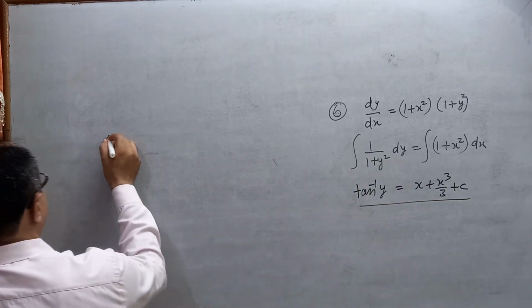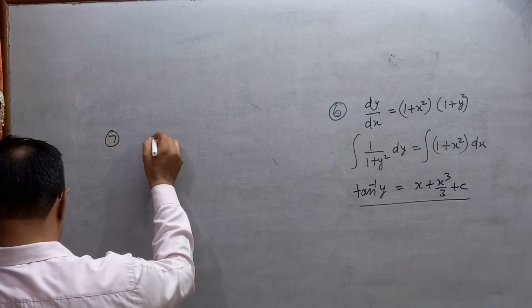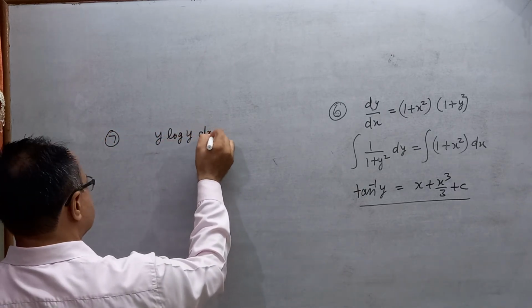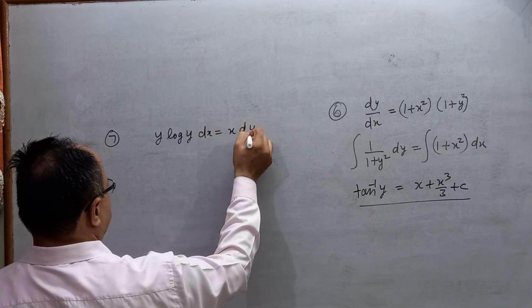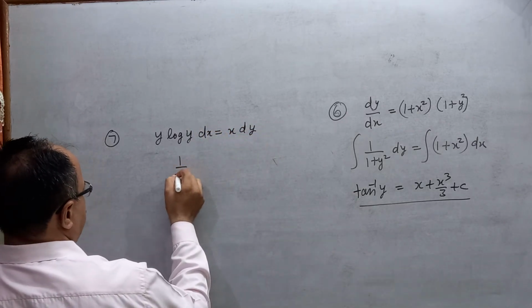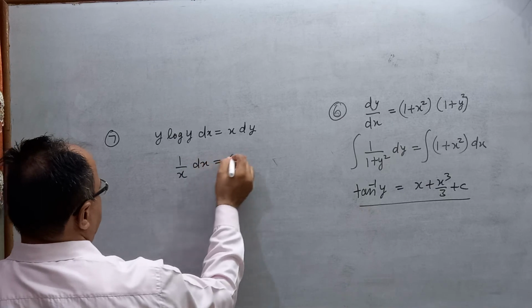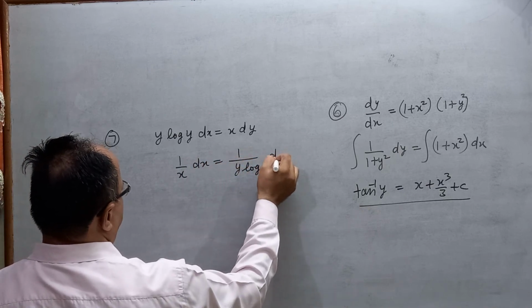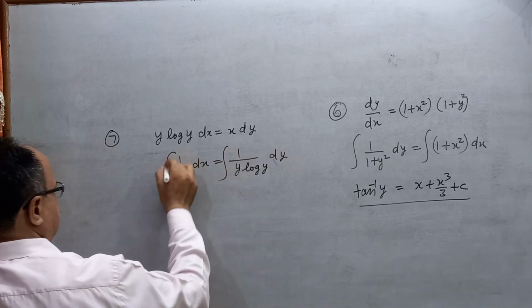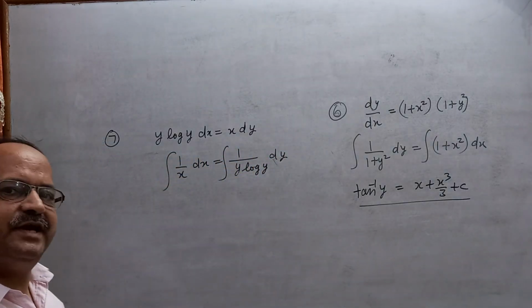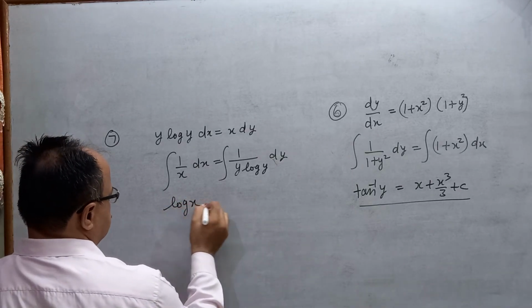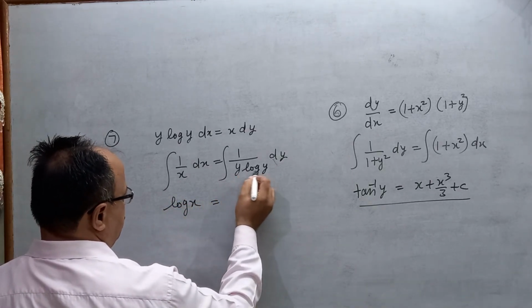Simple question. Question 7: y log y dx is equal to x dy. Therefore you can say 1 by x dx is equal to 1 upon y log y dy. Separate the variable, then integrate. Simple work. This is log x, and for the integration let log y be equal to t.